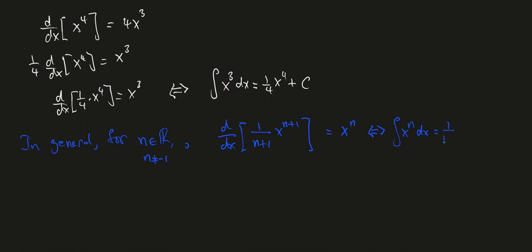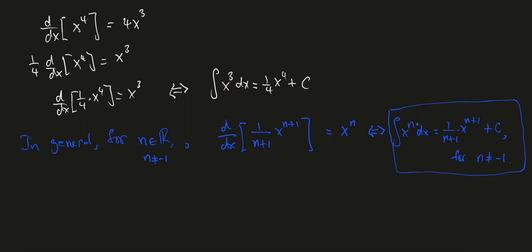So it's 1 over n plus 1 times x to the n plus 1. Then I have to do my plus c, but then I have to say that I can only use this rule when n is not equal to -1. So then this is for n not equal to -1. And this, let me box this off, this is our power rule for antiderivatives.